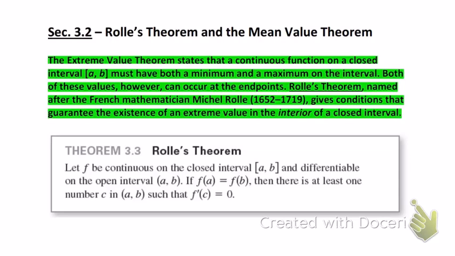What if it was a horizontal line? Is there at least one point in between those two endpoints that has a slope of 0? That's right. It's all slope 0. Exactly. You're exactly right. All right, so that's what it's telling us.